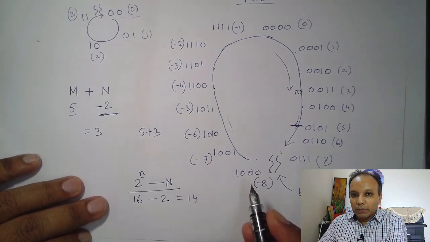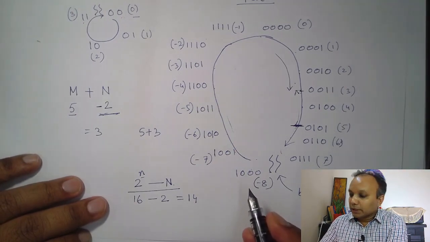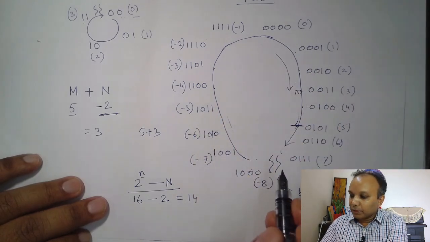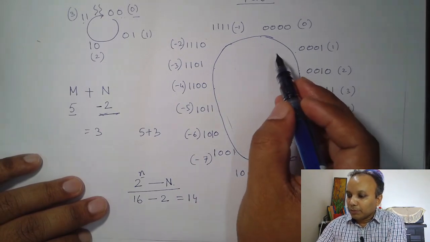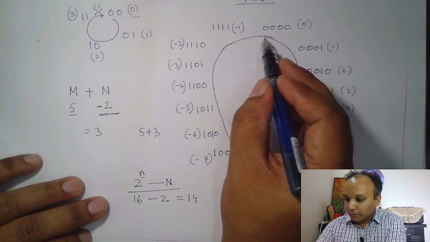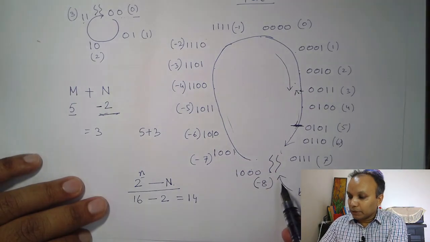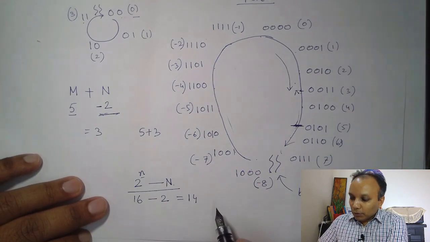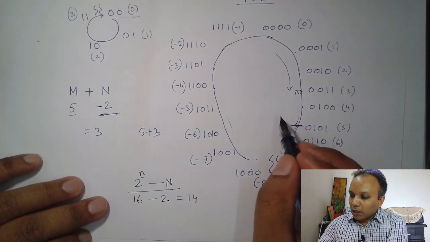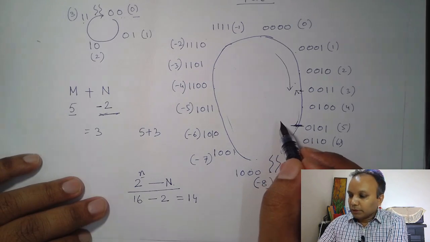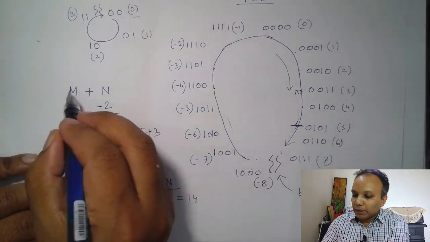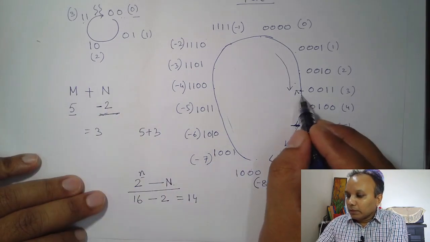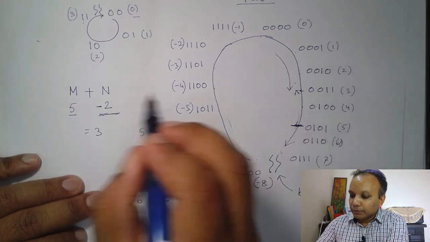The unique thing about this number circle is that all the numbers are presented only once, so there is a one-on-one mapping for all the numbers which can be presented with these n bits. Also, if we want to add two numbers, for example m with n, then we can identify m in the number circle.